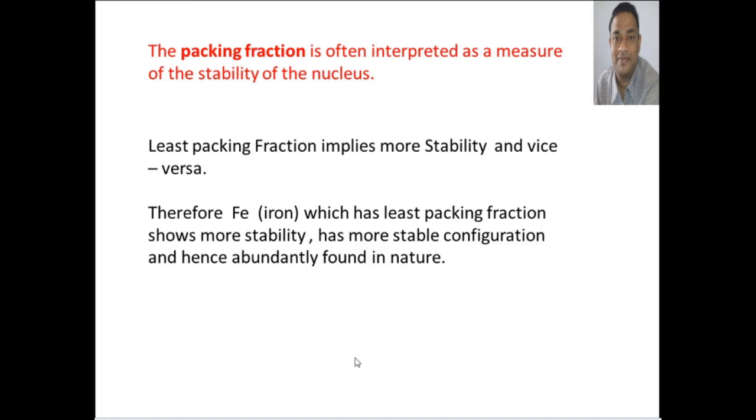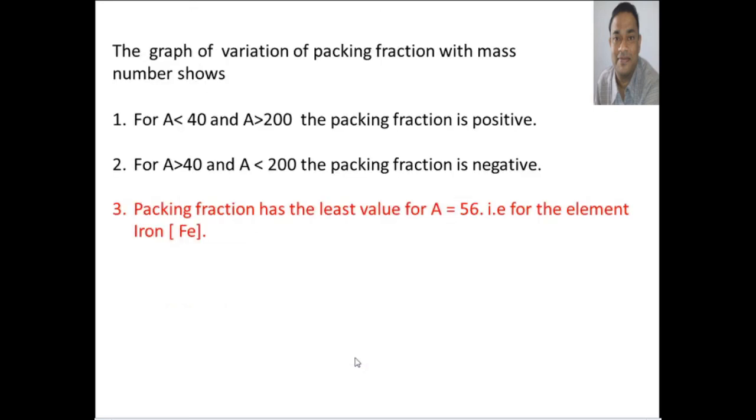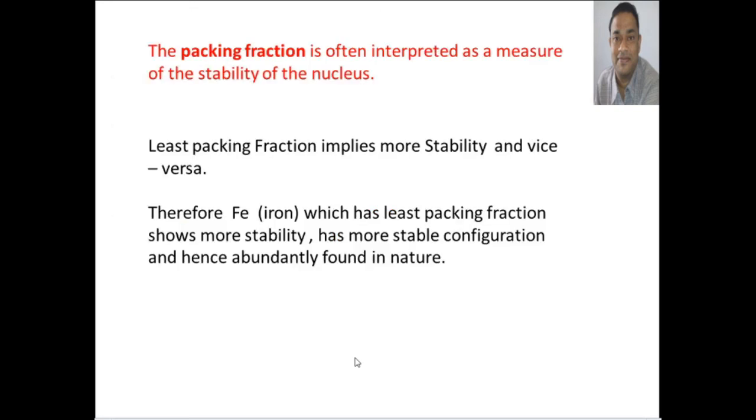So in this particular graph, we have seen that packing fraction has the least value for the element iron, Fe.